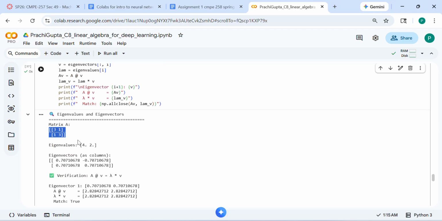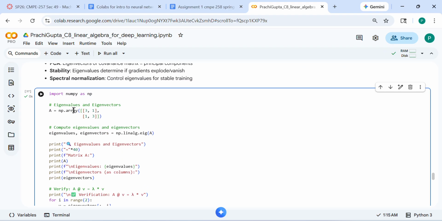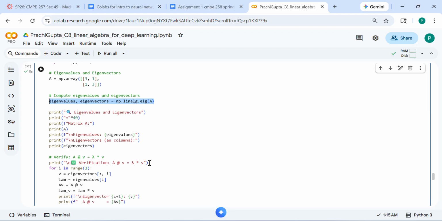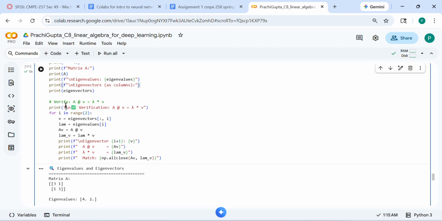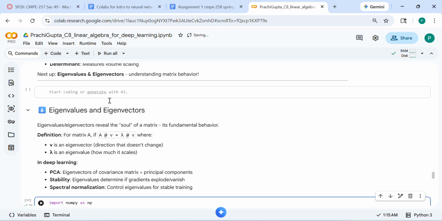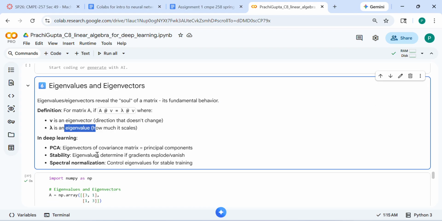We have a matrix, and we have the eigenvalues and these eigenvector columns. How do we get them? We use eigenvalues, eigenvectors = np.linalg.eig, which will give us the eigenvalues and the eigenvectors. Once we get these, we print them, and we have this formula: A @ v = lambda * v, where v is the eigenvector and lambda is the eigenvalue.